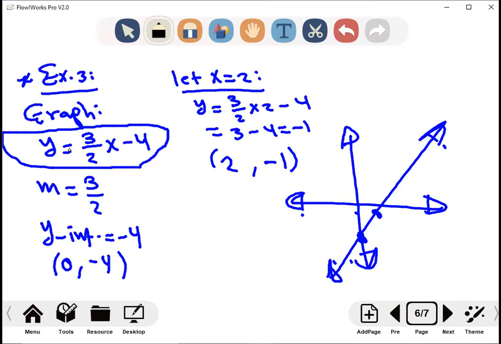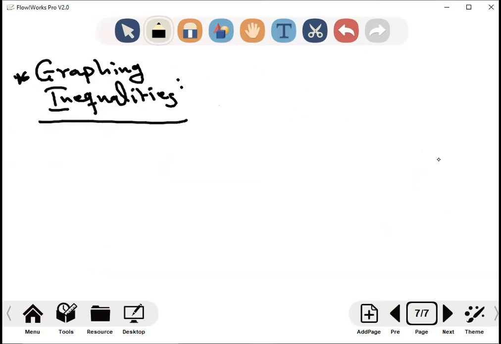It has equal. If I replace the equal sign with less than, more than, less than or equal, or more than or equal, it becomes an inequality. So what is the inequality? It is a mathematical sentence that contains one of the following symbols: less than, more than, less than or equal, more than or equal. Got it?